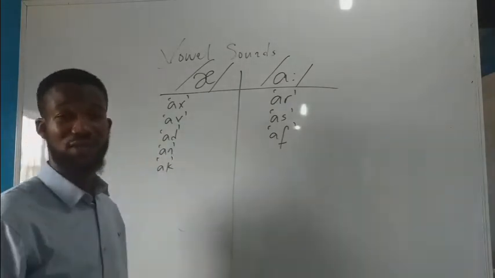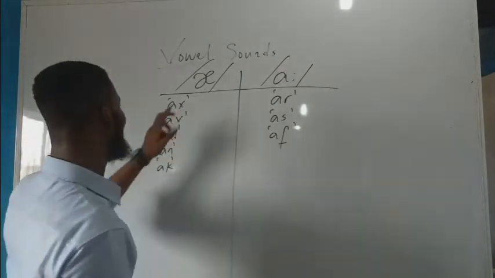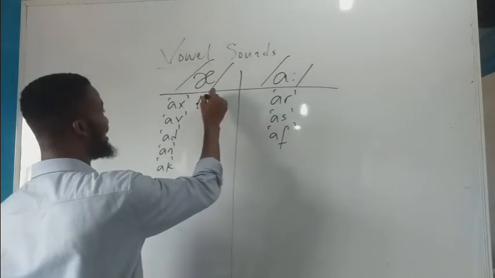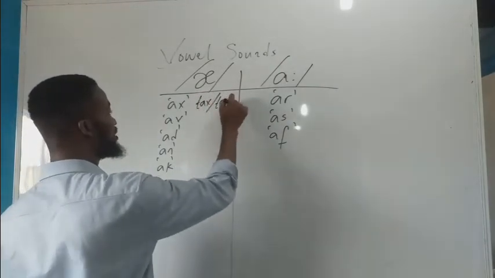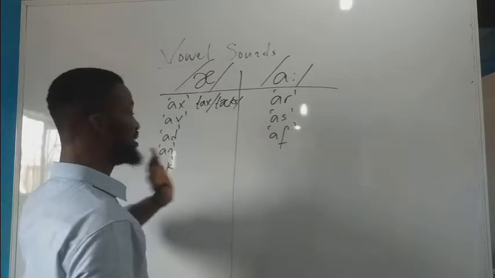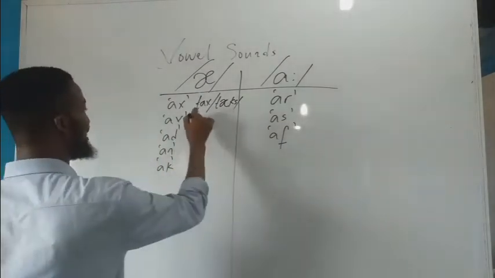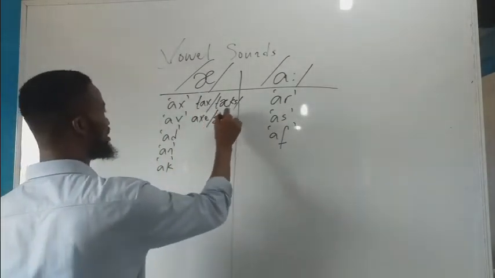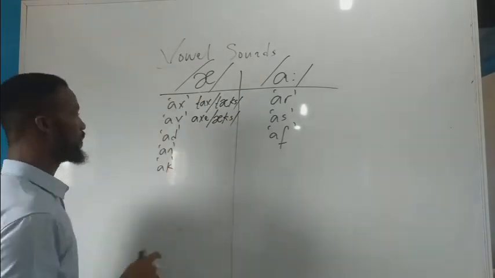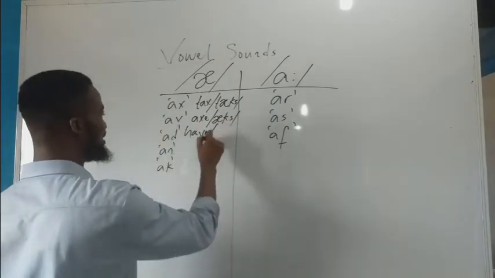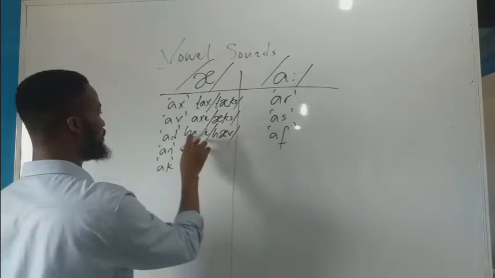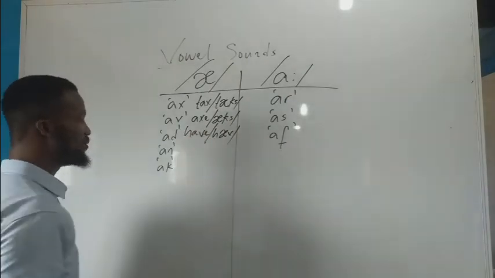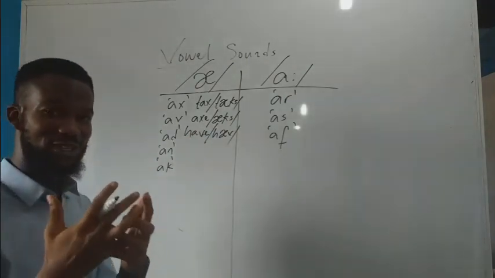Let's experiment with this and extend. For AX, if I have TAX, automatically it's going to be short. Tax. AX gives us a short A sound. AXE is going to be short. Axe. AV, HAVE is short because of the V. V clips the sound, it makes it short.